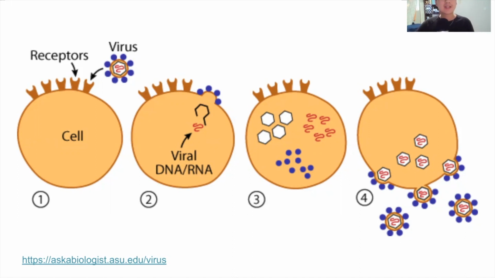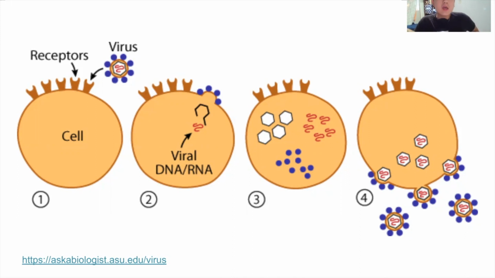When a virus attaches to our host cells, they're going to enter our cells. Viruses are acellular, meaning that they cannot metabolize on their own. They cannot replicate on their own. They rely on our host cells, so viruses like Zika virus have to enter our host cells in order to spread infection.